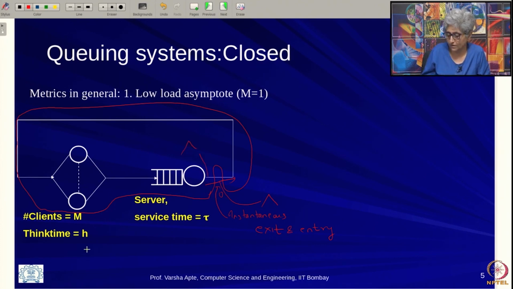So, now you have a way to talk about the throughput, and the biggest advantage you get is that inside this region the number of clients is fixed. So, the number of requests is fixed. Okay. There are going to be exactly M requests in this region, no matter where the requests are. There could be some requests here and some requests here, but together they are always going to total M requests.